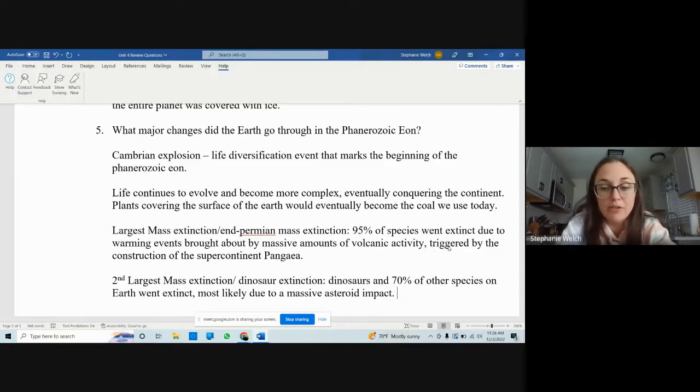So this massive asteroid impact hit the southern part of the modern-day Gulf of Mexico, near the Yucatan Peninsula. It was very difficult to see for a very long period of time because it's almost entirely submerged underwater and in an area of the world where you have a lot of erosion taking place, so it didn't get preserved really well.